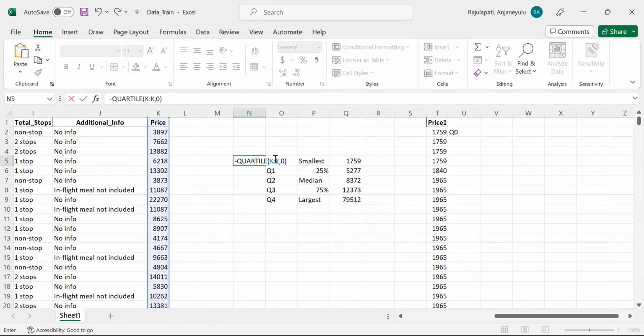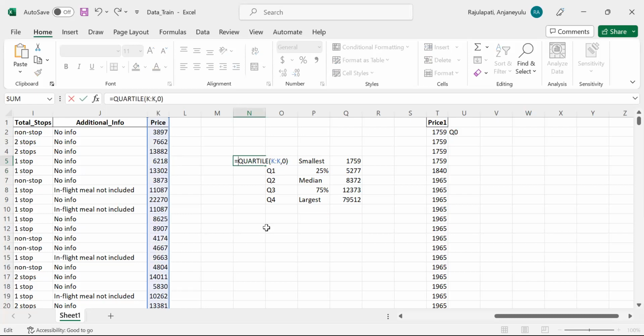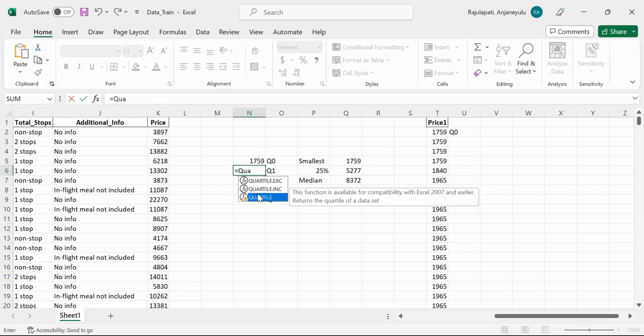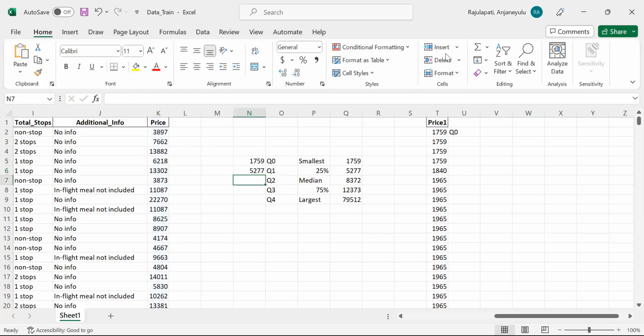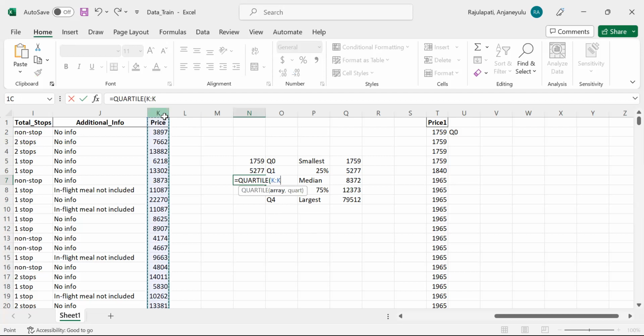I want to find quartile 0 and quartile 1. So what's the formula? It's quartile, right? Tell me, guys, can you see my Excel sheet? Yes. Okay. I want to find the quartile of the median value, so I provide the data and quartile 2.